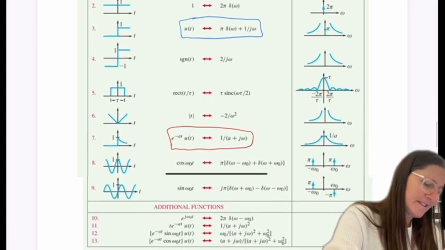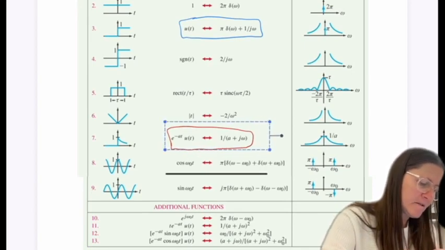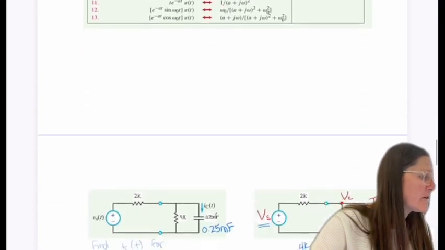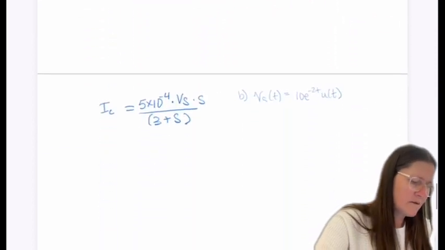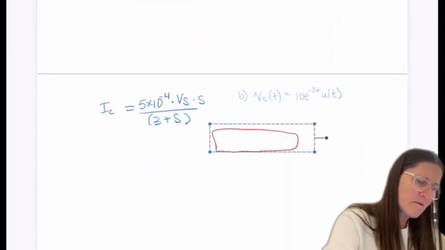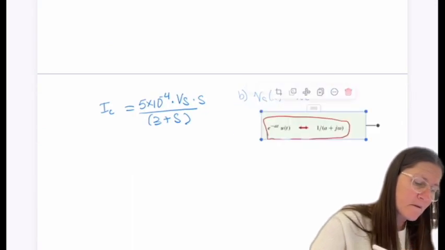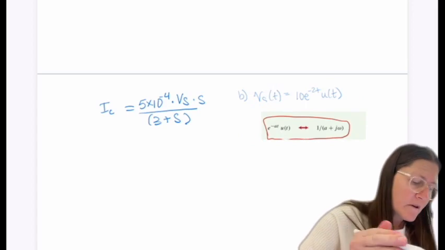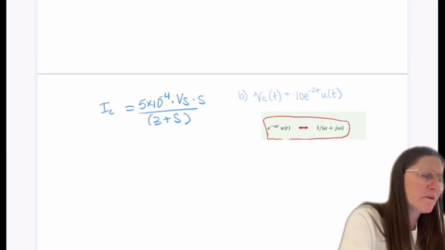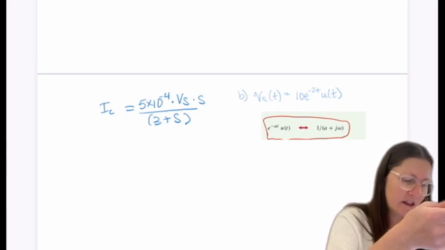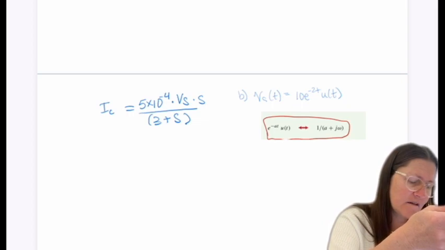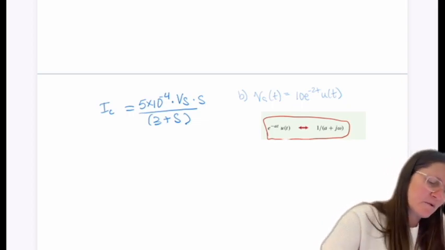No, there it is. All right, so I don't know what table you were looking at, Bri. Oh, you were looking at. So this would be the transform.